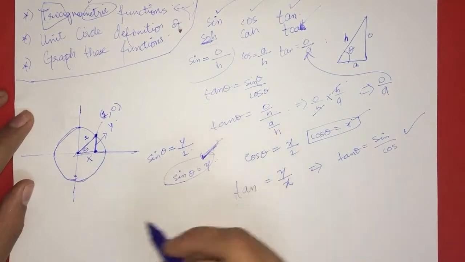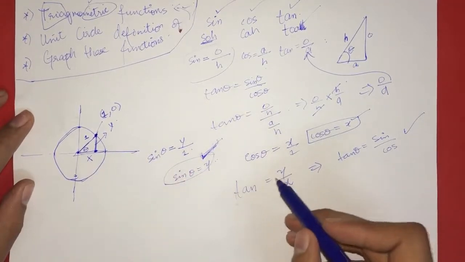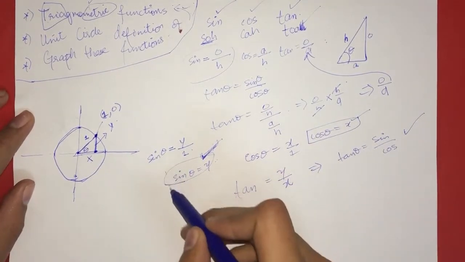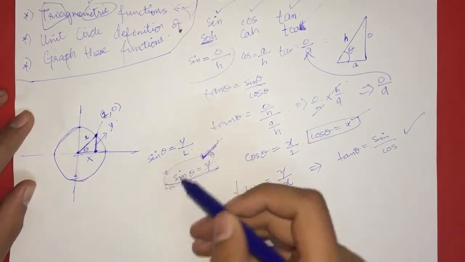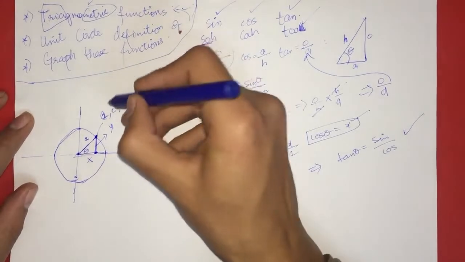As we just discovered, sine theta is always equal to y. So here, what is y? Y is 0.